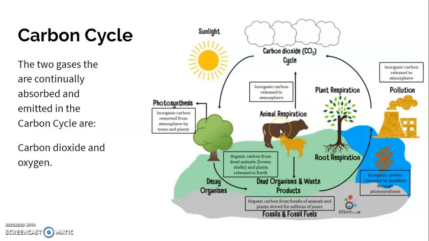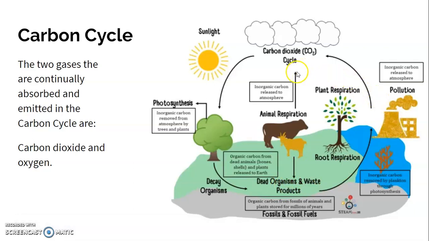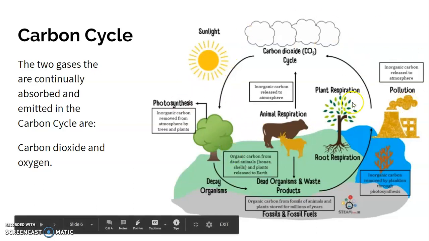Animals put off carbon dioxide and take in oxygen. That's a cycle. Dead organisms, waste products, and pollution put off carbon, which turns into carbon dioxide, and then plants will take that back in and process it. They'll take in that carbon dioxide and that carbon and turn it into oxygen. So it's a big cycle of carbon dioxide and oxygen going back and forth.